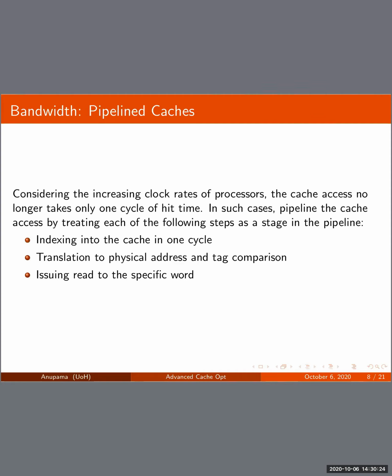Now, every time you try to access the bus, please remember, bus is a broadcast element, right? So different elements of your architecture will be trying to access the bus. Therefore, there will be contention. And when there is contention, you have to probably wait before you can access it.